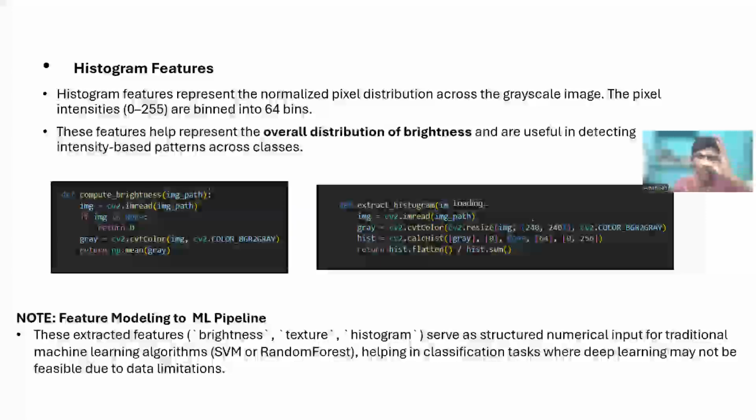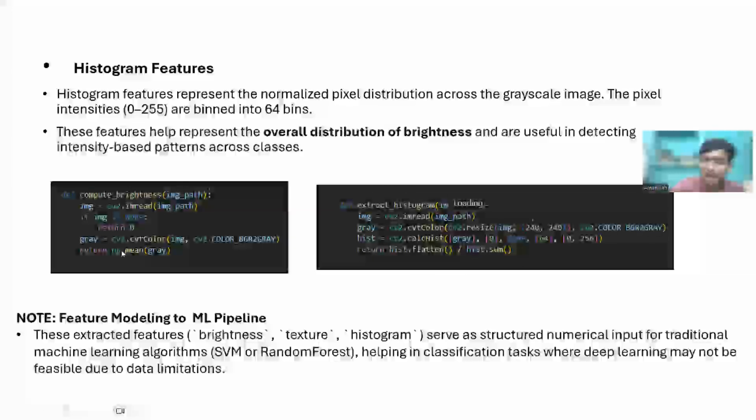If the pixel value is between 0 and 7, it is counted in the first histogram bin. If the grayscale image has a pixel value of 5, it lies between 0 and 7, so it goes into that bin. But if some pixel value is in a different range, it goes into a different histogram bin, from 8 to 16, then 17 to 24, and this way the various histogram bins are created. I wrote this function to extract the histogram features.